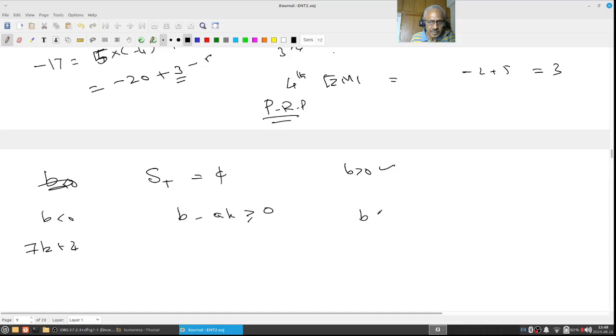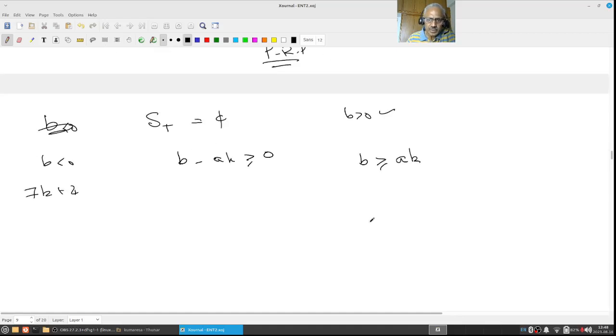That means B must be greater than AK. Greater than or equal to if you want. But remember, B is negative. Therefore, minus B is what I want to look at. Minus B is going to be less than or equal to minus AK, which I can write as A times minus K.